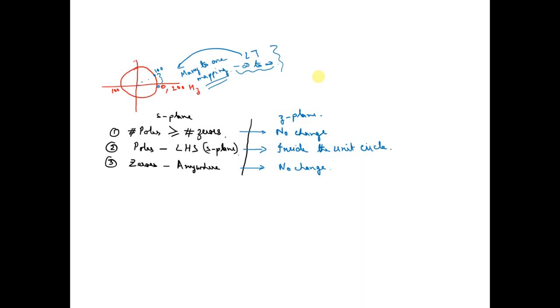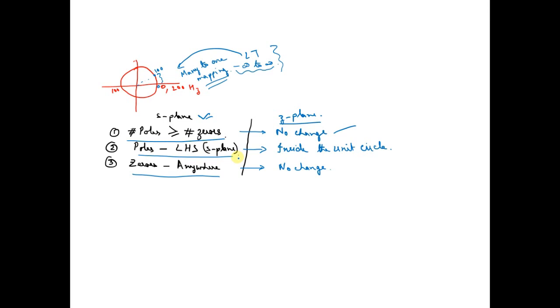So in the S-plane, we have already discussed the number of poles should be greater than or equal to the number of zeros. Poles should always be on the left hand side and zeros can be placed anywhere. In the Z-plane, if you apply the analogy of mapping, the number of poles should be greater than or equal to the number of zeros. There is no change.